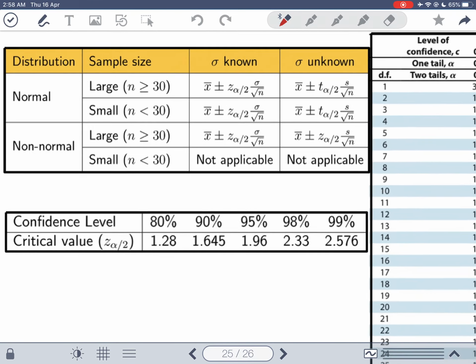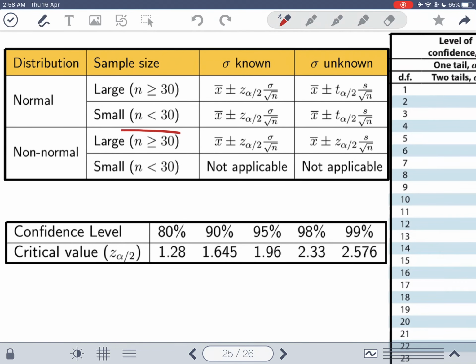So we can say that we have a large sample size. Sigma is unknown because they gave us S. Our distribution, nothing said that it was normal, so we will assume that it's non-normal. Okay, and so we can use this for our confidence interval.